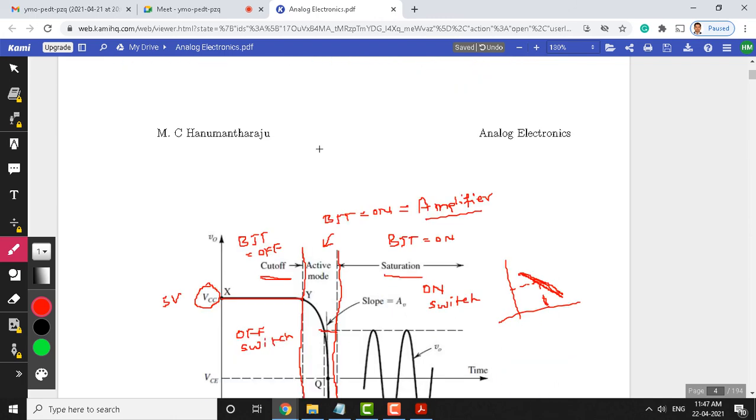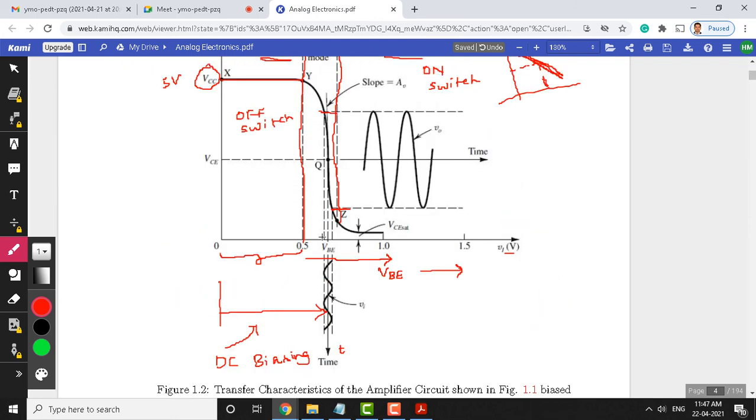What we are trying to say here is, for every signal you see here with reference to time, the total base emitter voltage, there is a corresponding output. For example, a negative peak comes here, and look at here, the negative peak has become a positive peak here. The positive peak of the input signal is here, and this is extended to the transfer characteristics here.